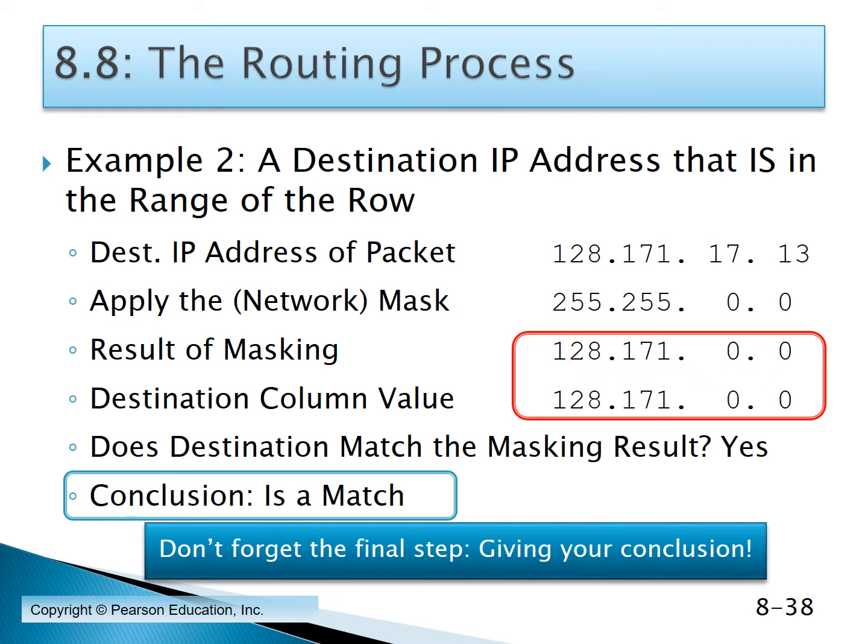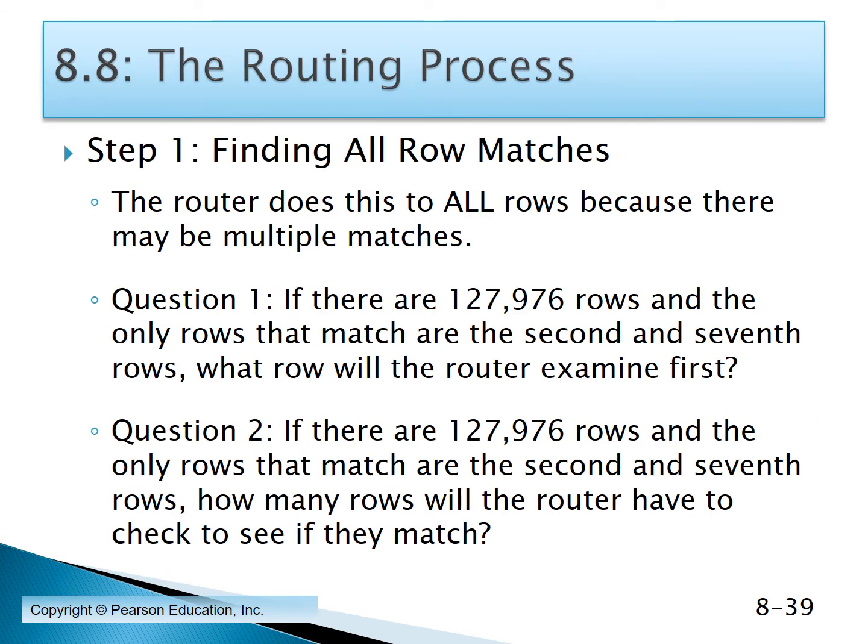And this one is the range of IP addresses in your routing table, so it's also the same, 128.171.0.0. In this case, this one is a match. So that's why we'll keep this as one of the possible routes. The router will do this step 1 for all the rows because there may be multiple matches.